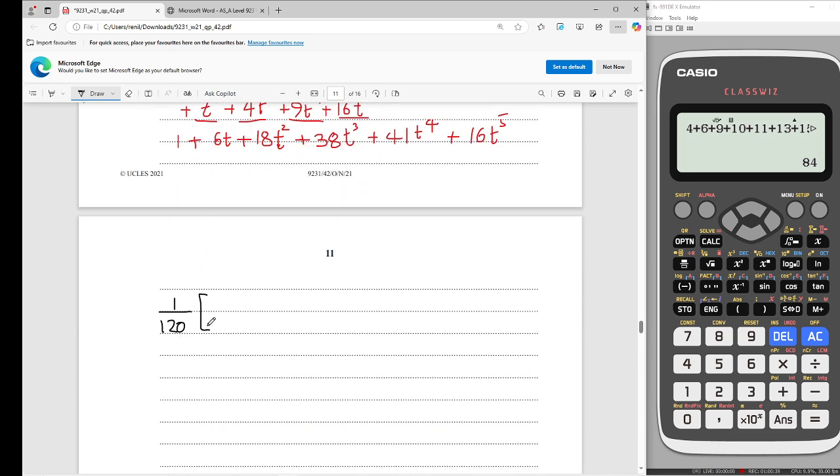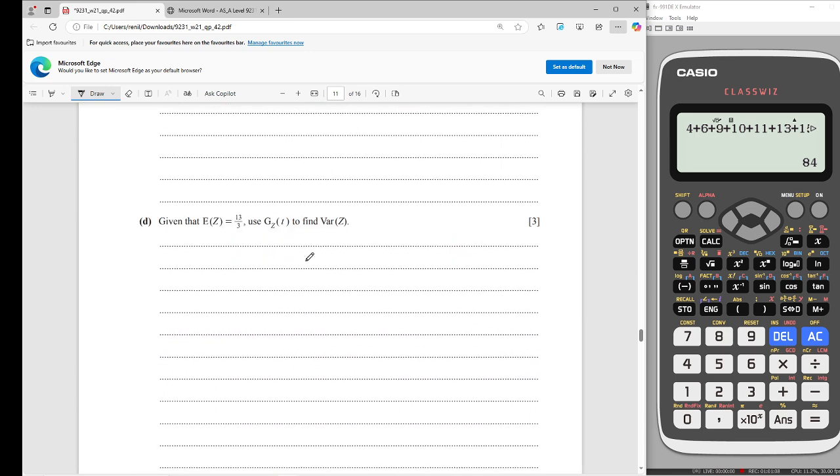So we get t plus 6t squared plus 18t cubed plus 38t to the power 4 plus 41t to the power 5 plus 16t to the power 6. That right there is your PGF of z.